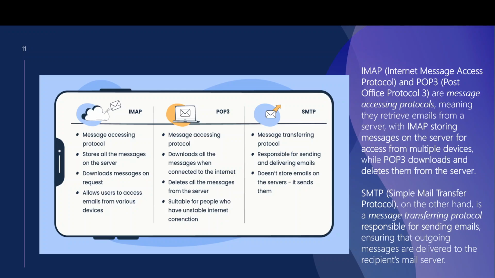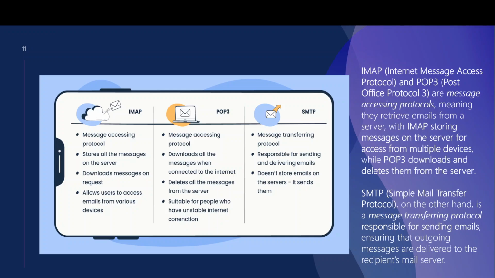I wanted to include this graphic. I found it extremely helpful, and while it does include IMAP, which isn't necessarily in our discussion, I find it extremely relevant in this case. So we've got IMAP, which is Internet Message Access Protocol, and then POP3, Post Office Protocol, and then you have Simple Mail Transfer Protocol.